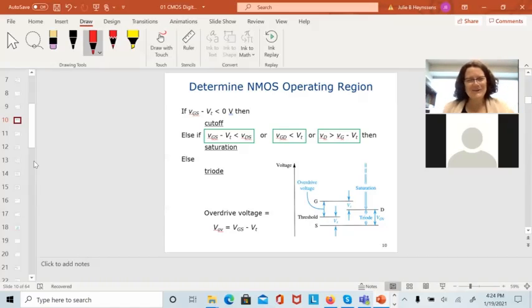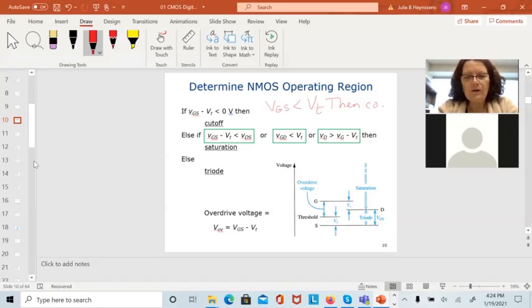So we've got three regions of operation, and the way I usually wrote this in EE280, for an NMOS transistor, if VGS is less than VT, then cutoff. This is just another version of that.